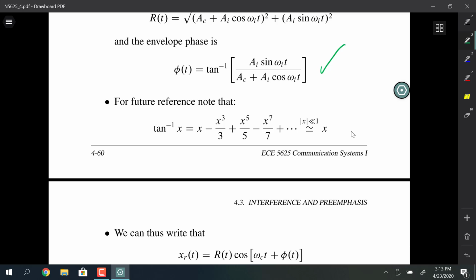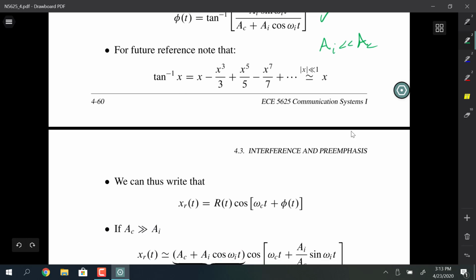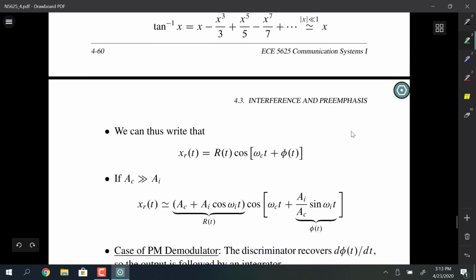We're going to assume initially that the numerator is small compared to AI. We're going to be assuming that AI is much less than AC. So the interference is not overwhelming. It's a weak interferer. Or I guess I've written down here, AC is much greater than AI.